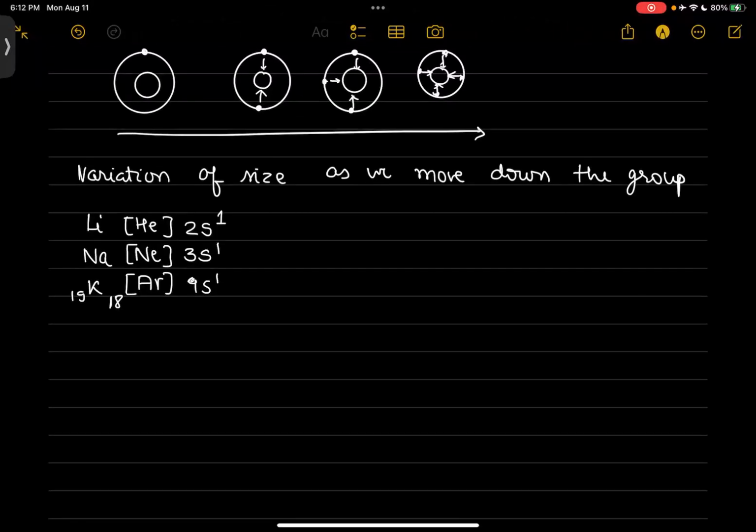So what are you observing as you move down in a group? New shells are being added. This is the second period, third period, fourth, fifth.